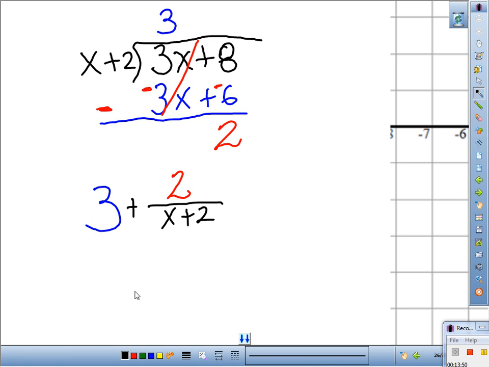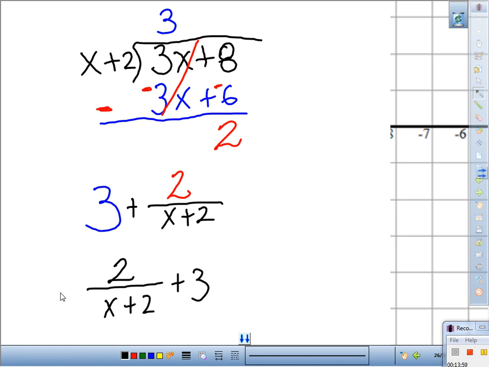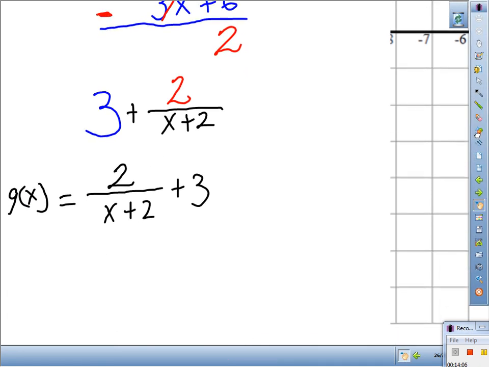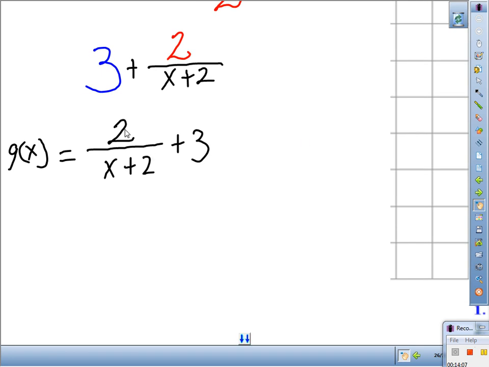So the fraction goes in front. So we got 2 over x plus 2, and then at the end, plus 3, and all that equal to g of x. However, what do you guys notice? Can we have a 2 on the numerator? No, it needs to be a what? A 1.